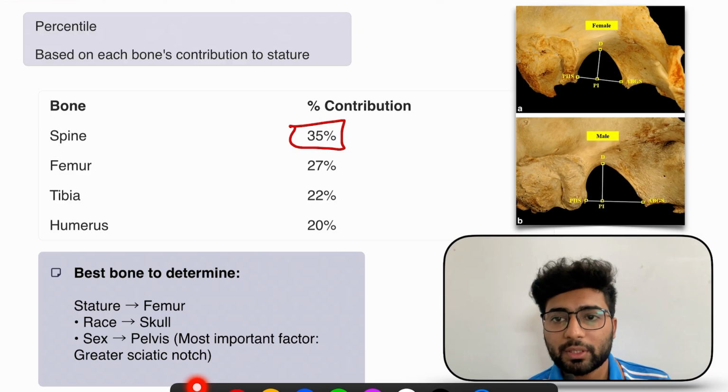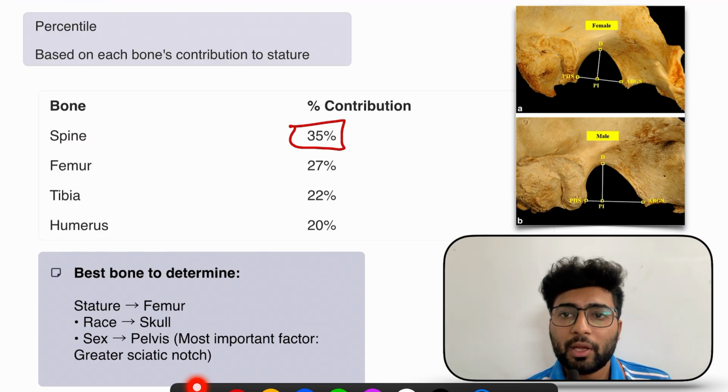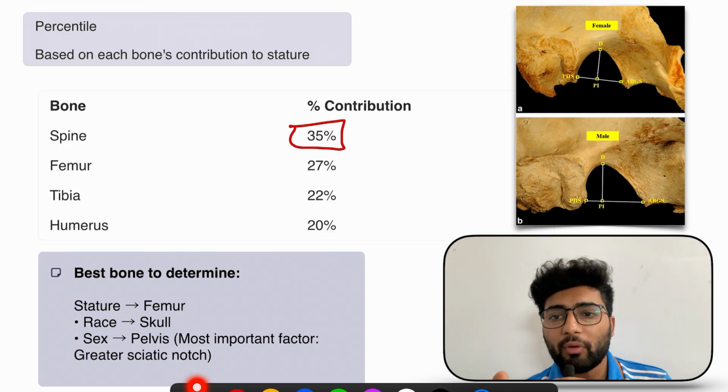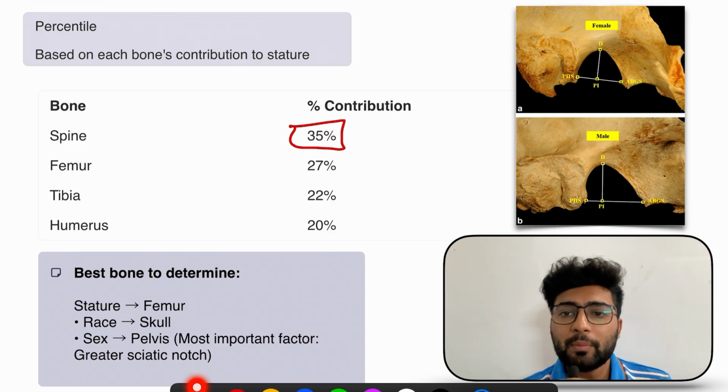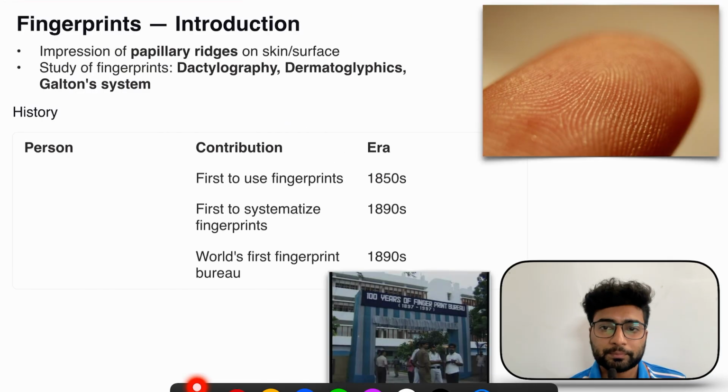You can see the male greater sciatic notch is deeper and narrower, while in female the greater sciatic notch is less deep but it is wide. So shallow and wide in female and deep and narrow in male. From that we can determine the sex. So for stature we have femur, race we have skull, and sex we have pelvis.